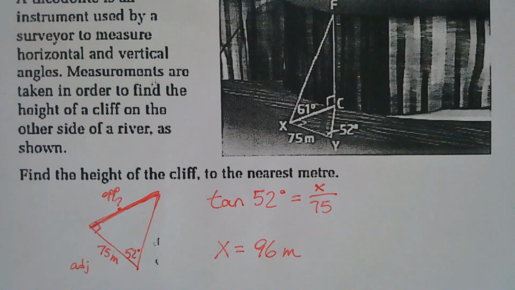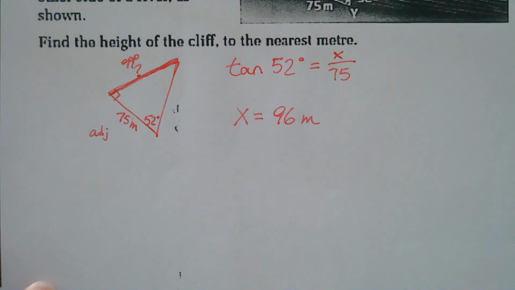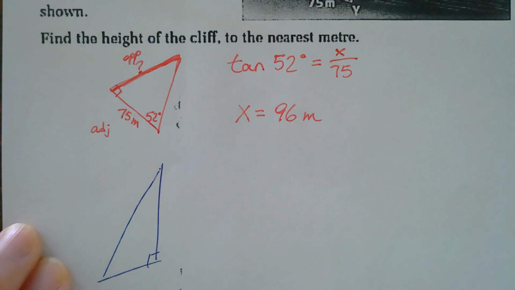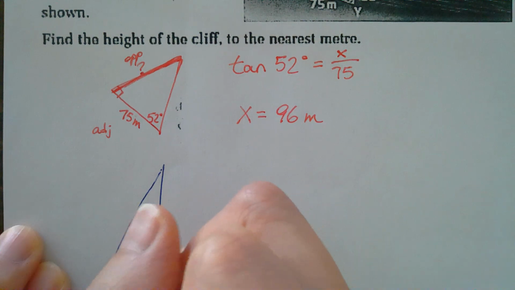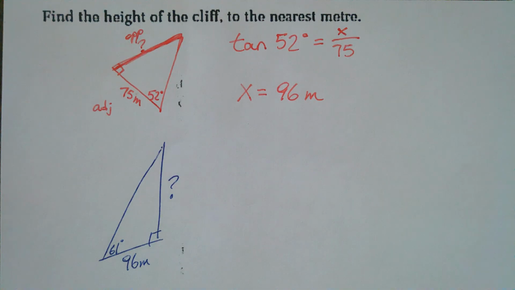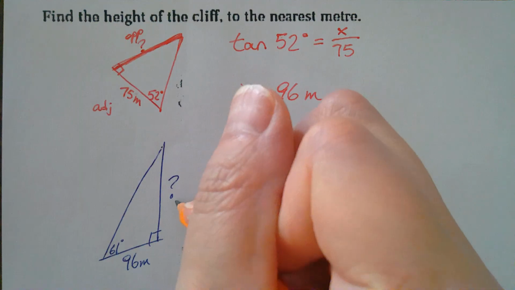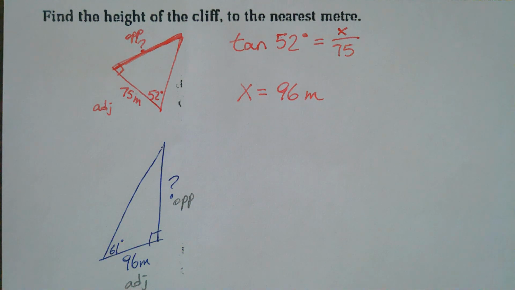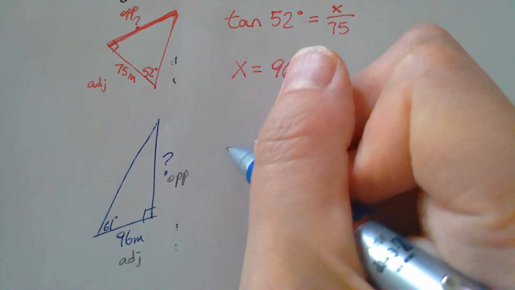Now that we have that, can we find the height of the cliff FC? Yeah. So your second right angle triangle, like this. This is 61 degrees. And this is 96 here. And I'm finding this. Out of the three, which one do you think you were doing again? Yeah, opposite, adjacent. So this time, help me set up.